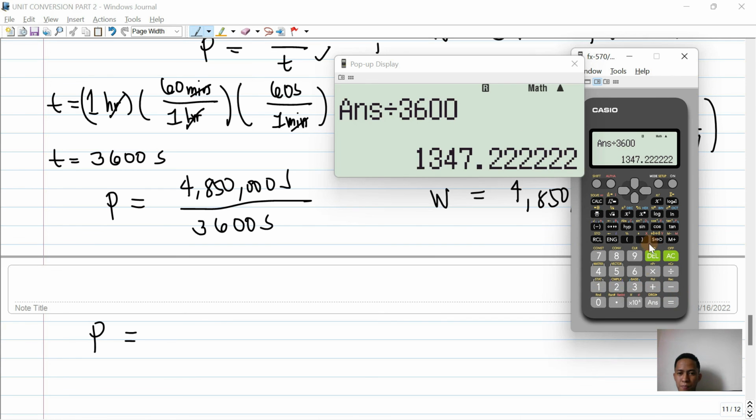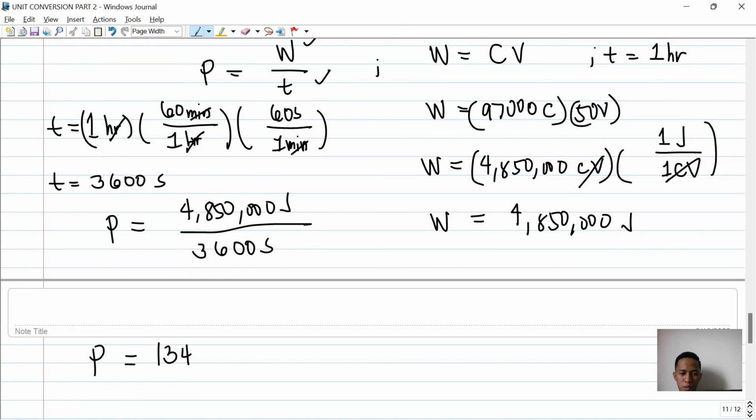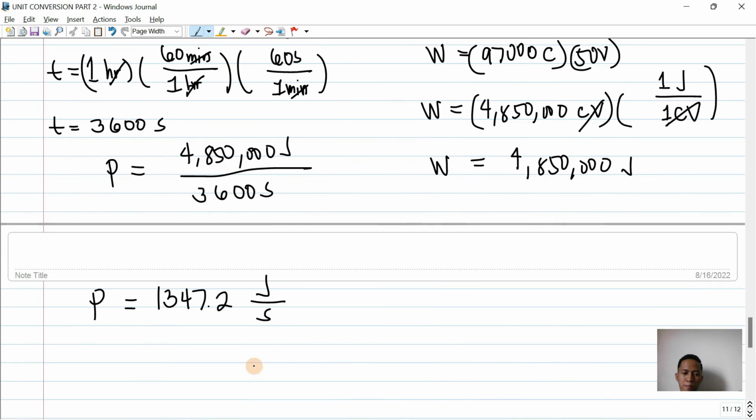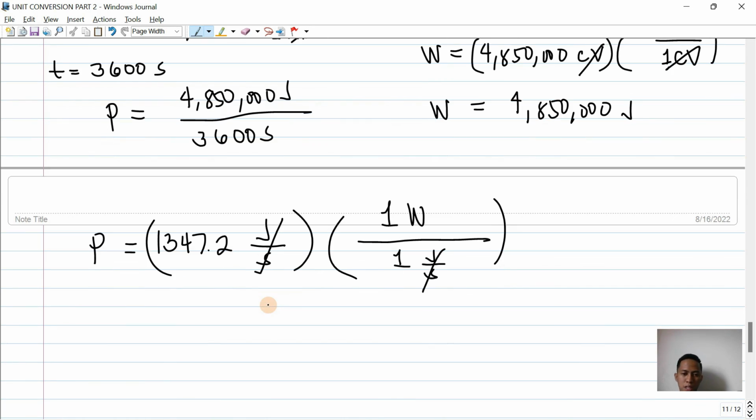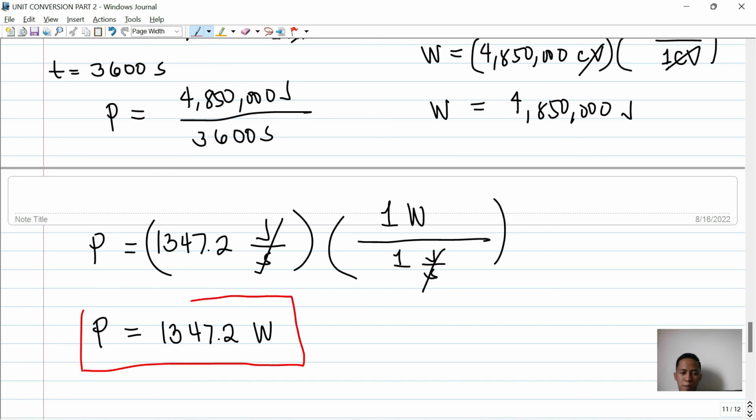So this gives us 1347.2. That is joule per second. Okay? So yung joule per second natin, we can convert that to watts. So yung 1 watt is just an equivalent unit for 1 joule per second. So joule per second will cancel out and just give you a unit of watts. So that is 1347.2 watts. Okay, so that is your final answer for this content.